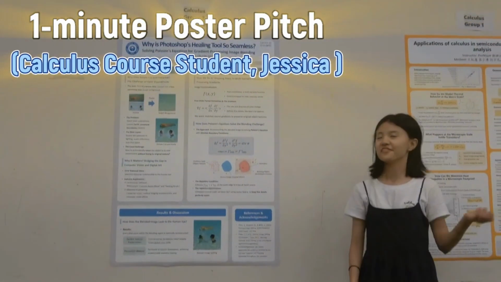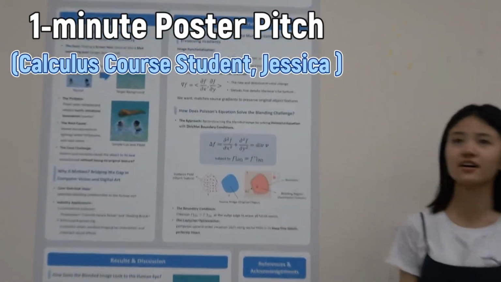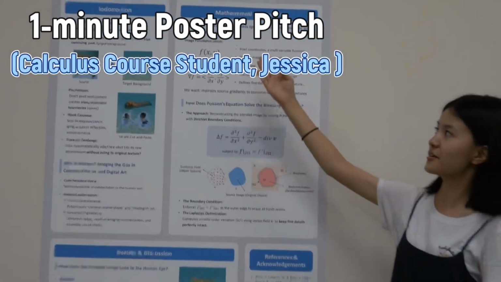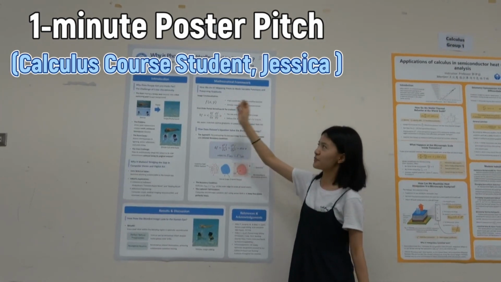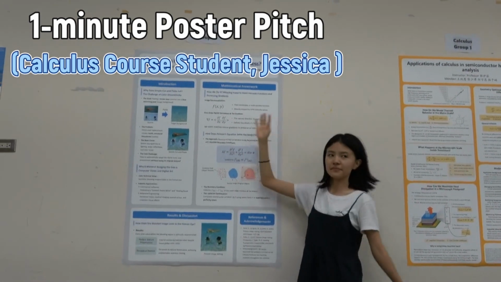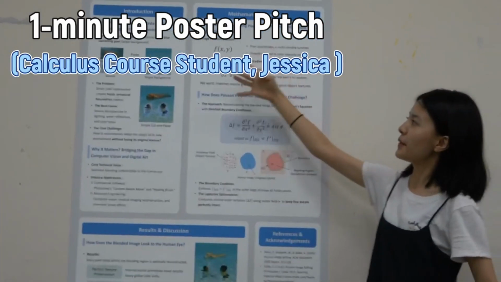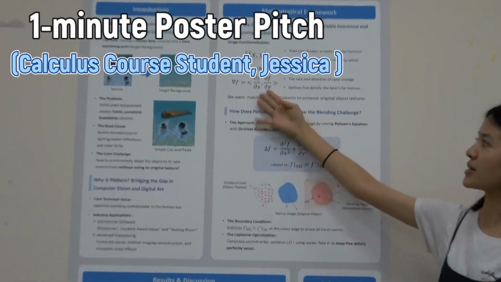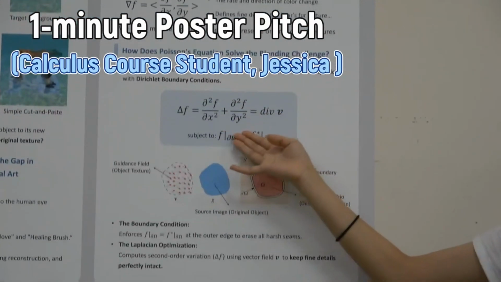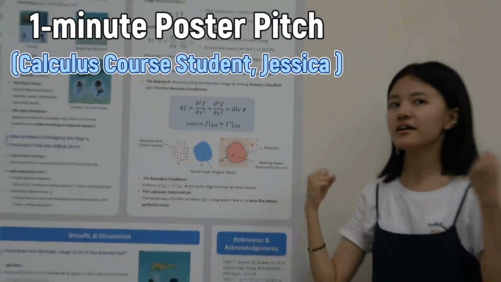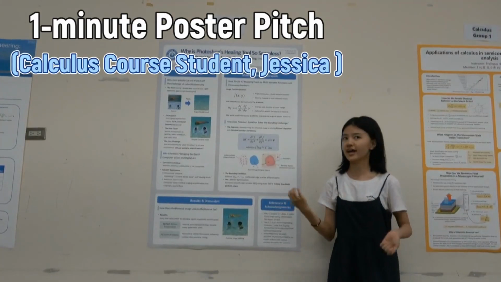Hello everyone. Have you ever wondered why a Photoshop tool is so seamless? Our poster will explore the hidden math of these tools, and we connect with our calculus concepts, partial derivatives and gradients, and use the Poisson equation to mix two pictures perfectly and preserve the original texture.